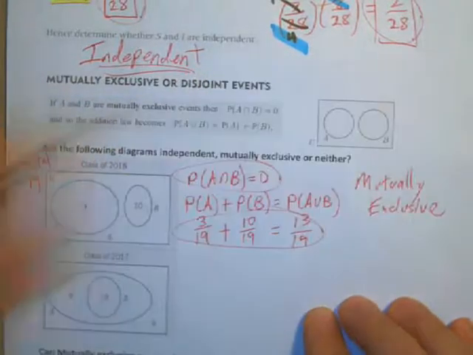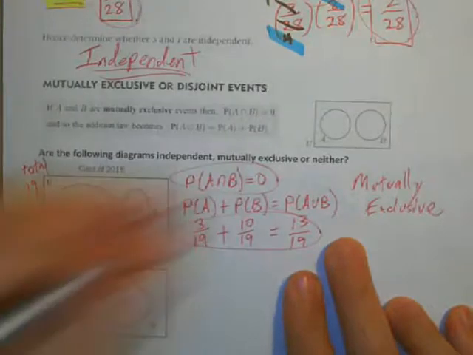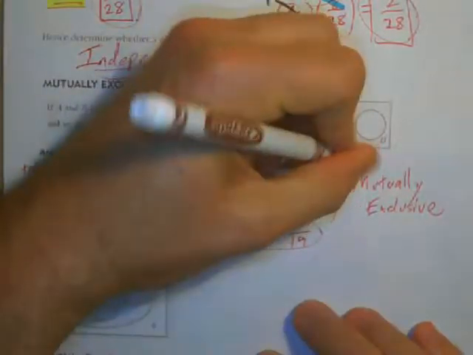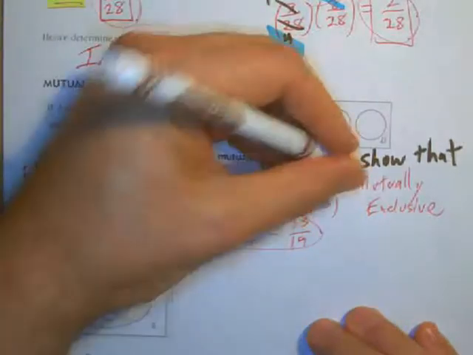Now, what's very, very important, on an IB test, they might say, show that it is mutually exclusive.